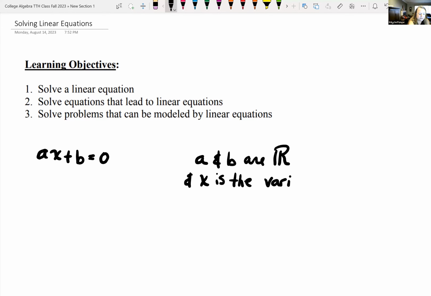We have one stipulation: in order for this to be a linear equation, a cannot equal 0. Notice the exponent on that variable is not shown, so that exponent is 1. All linear equations are going to be in this form or could be written into this form.